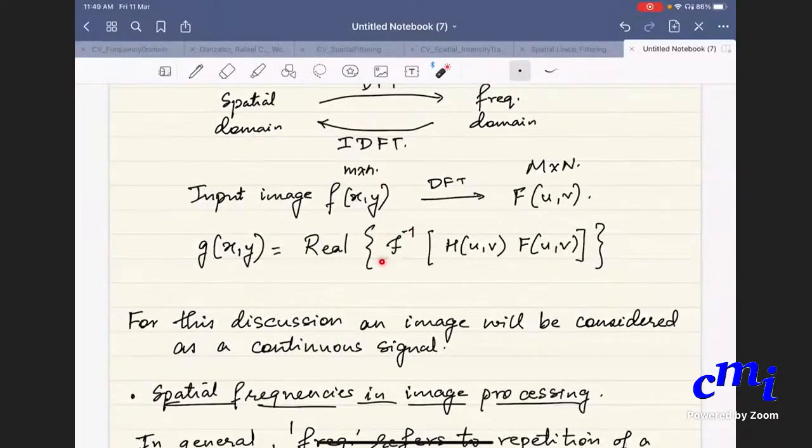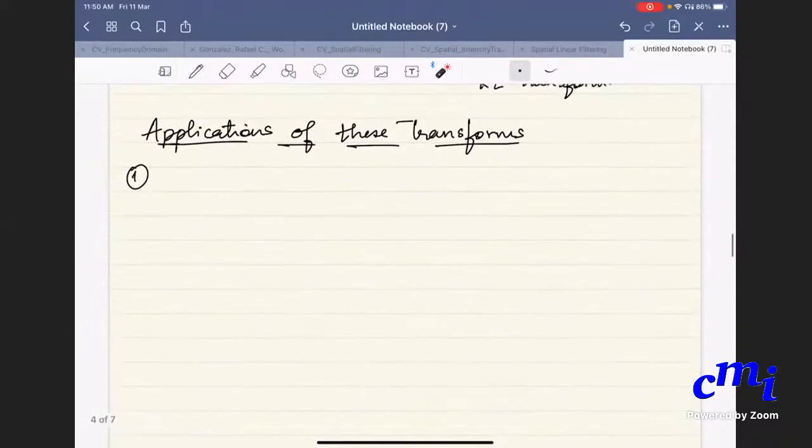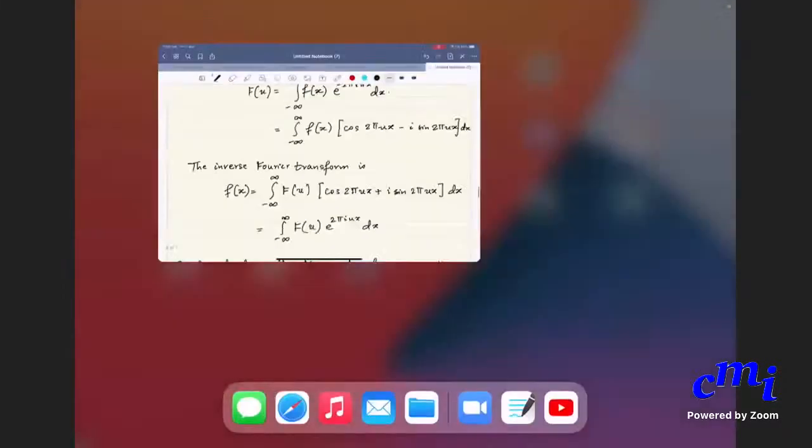So you have done filtering here, then you apply the inverse, and then you take the real part of that to get your image values, or pixel values, at x y. This real part is because after you apply the inverse, this f is going to have a real part and an imaginary part. Well, you'll see in an example. It's better to just look at one example and understand.